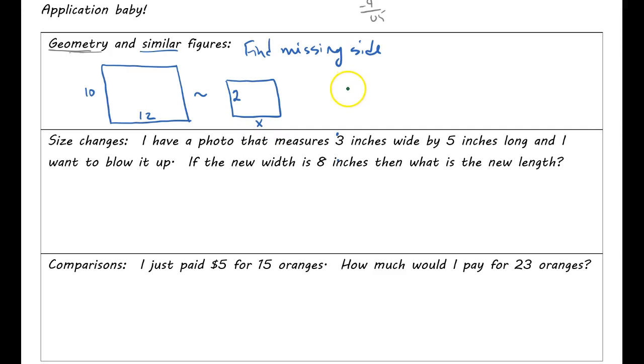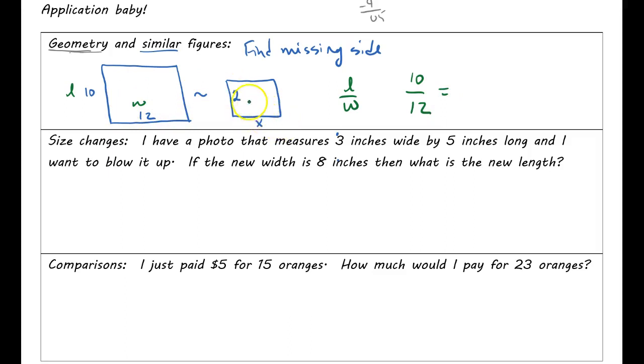So I'm comparing the length over the width. And if you wanted to do width over length, it really doesn't matter, okay? So how I'm going to do this is I'm going to look at this shape and set up the L over the W, just like I wrote it here. So 10 over 12. Then I'm going to put my equal sign because we want them to be similar. There has to be a relationship.